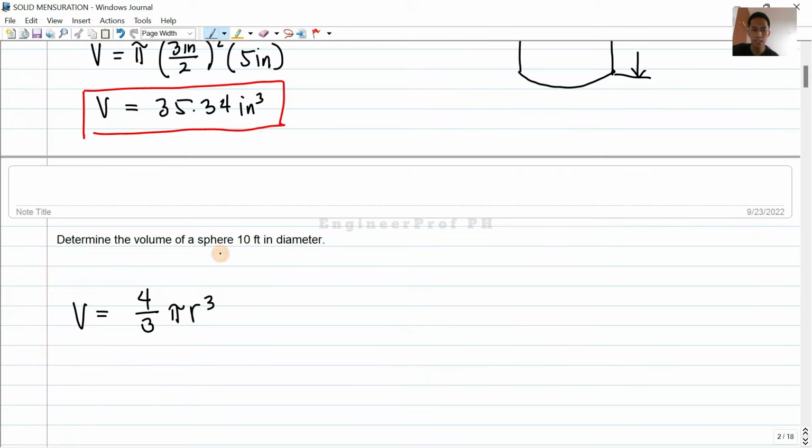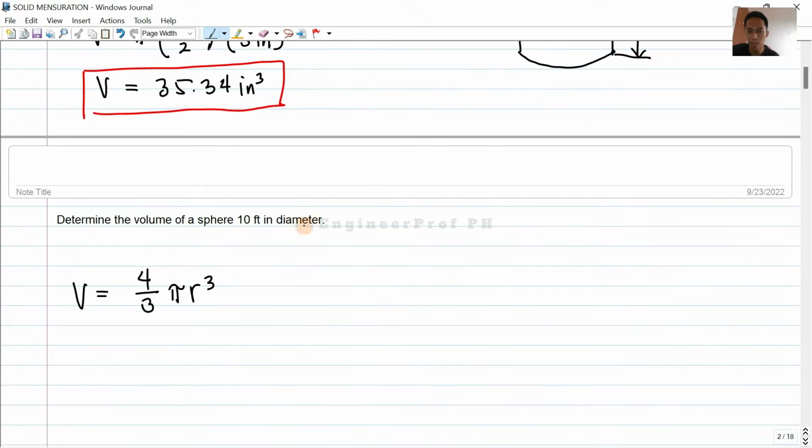So, very important guys that we know the formulas in solid mensuration or solid geometry so that we can answer the problems easily. So if you forgot the formula, very advisable guys to use the prismoidal formula. So prismoidal formula is used for finding the volume of these common solids, yung sphere, you have cone, you have cube, you have cylinder, and all common solids.